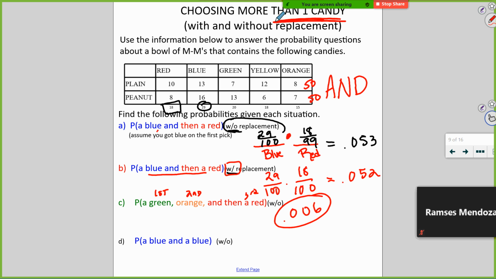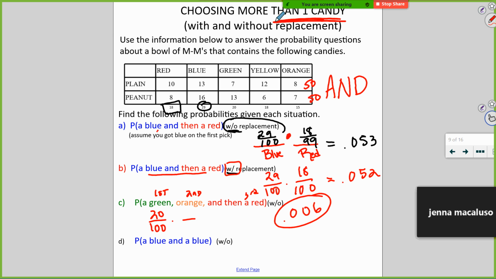Does anybody want to see the work for that? Yeah, I don't really understand that much. Okay. So Jenna, how many green M&Ms are there? 20. 20 out of 100, right? So now I pick one M&M, it's green, I eat it. My next one I want is orange.